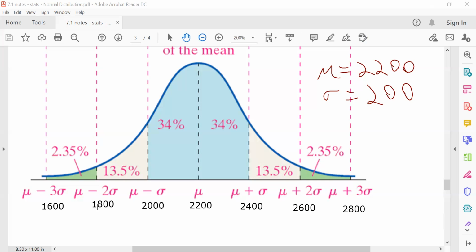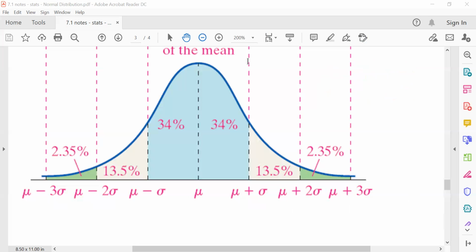But no, because 95% of all giraffes are going to fall between 1,800 and 2,600 pounds. 99.7% of giraffes are going to fall between 1,600 and 2,800 pounds. It is extremely, hilariously unlikely you're going to find a giraffe that's way above 2,800 pounds like that, but it is theoretically possible. So those are the questions that we can answer about this. We're not getting super detailed about it just yet.